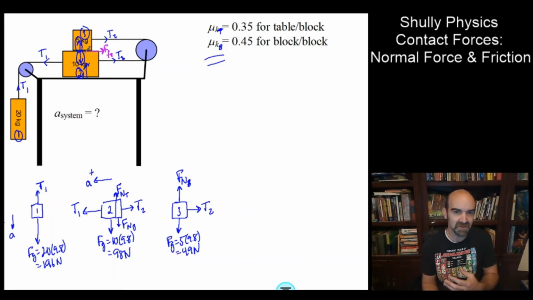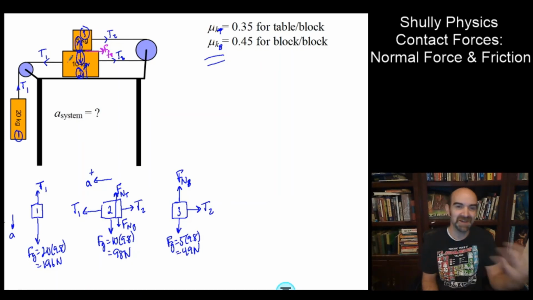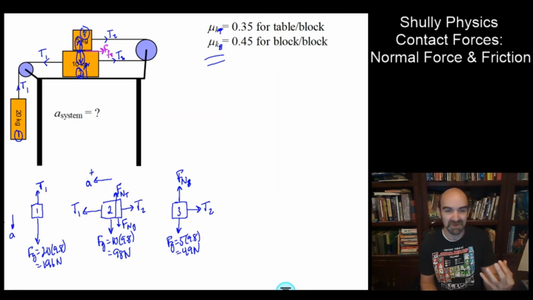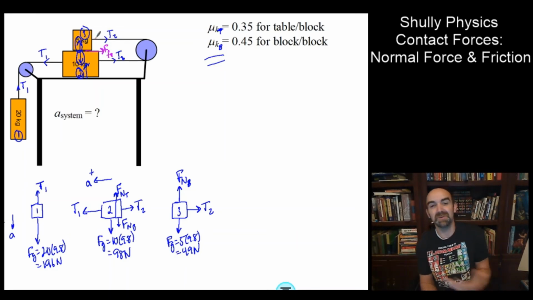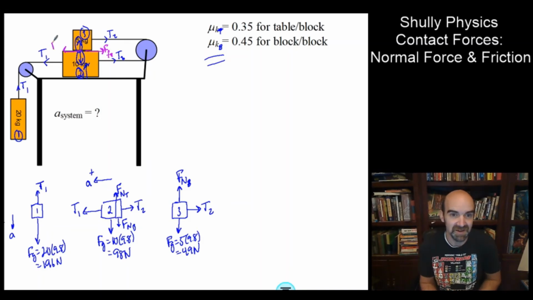You see, as the 10 kilogram block was pulled to the left, and the 5 kilogram block is pulled to the right, the 5 kilogram block's motion to the right is going to be resisted by that 10 kilogram block to the left. So there's that force of friction.